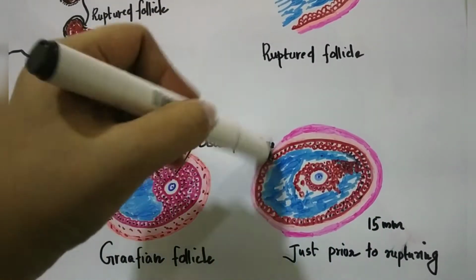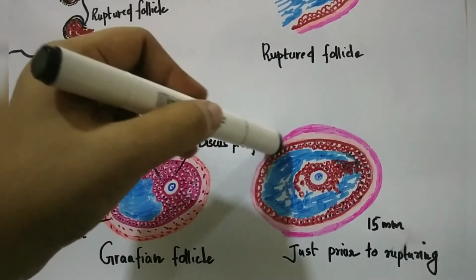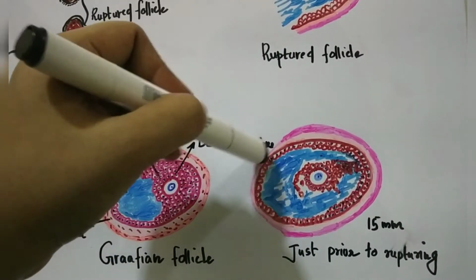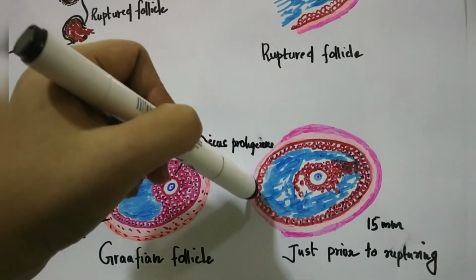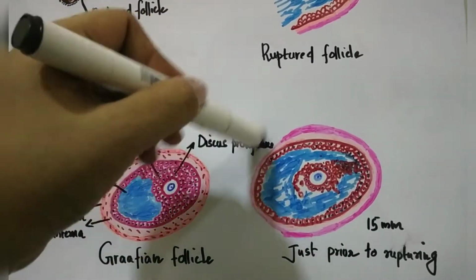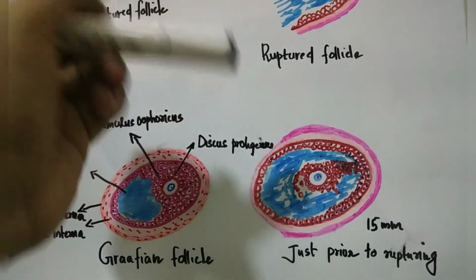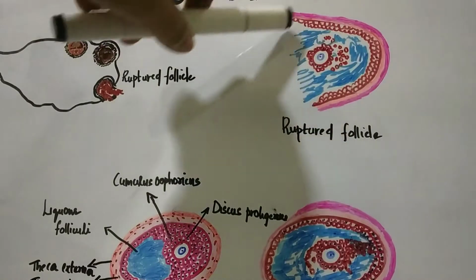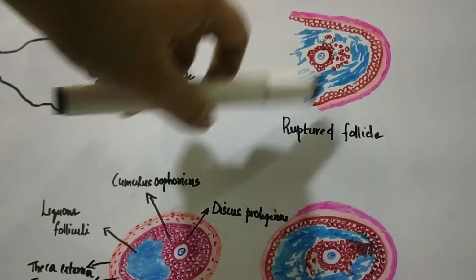The thecal and stromal cells are thinning at the part which creates a bulge, the most convex part of it, and it becomes avascular also, and thus a stigma is formed. This results in the rupture of the Graafian follicle. The secondary oocyte along with the corona radiata cells is released during the rupturing of the follicle.